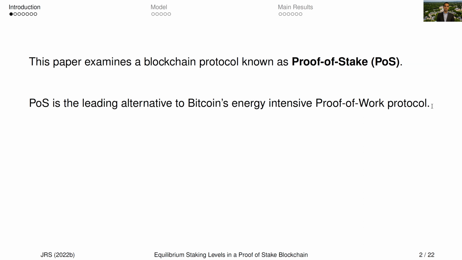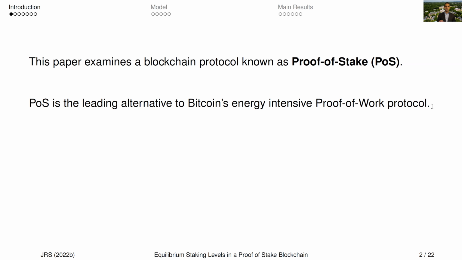It's been used by essentially all of the relevant blockchains launched in the last few years. Perhaps most famously, it is the protocol that the Ethereum blockchain intends to transition to in the future.